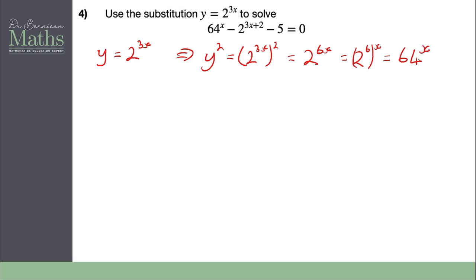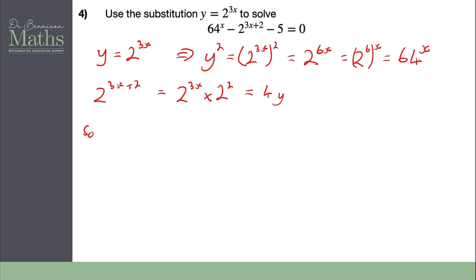I can now start thinking about what this 2 to the 3x plus 2 looks like. Bearing in mind I want to get it in terms of y, that's the same as 2 to the 3x times 2 squared, which is equal to 4y. 2 squared is 4.